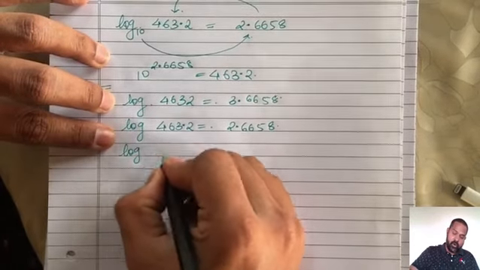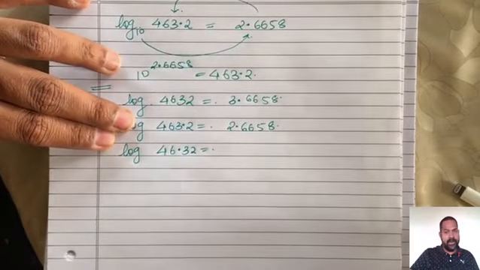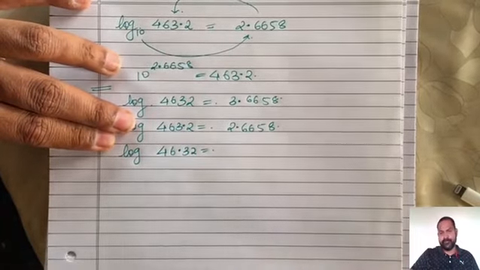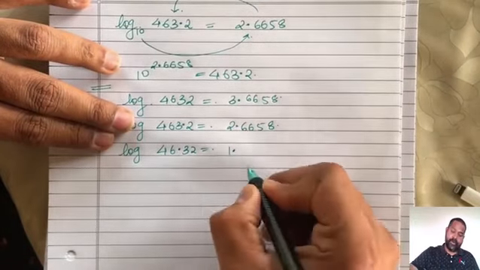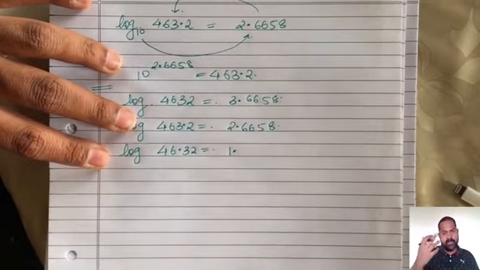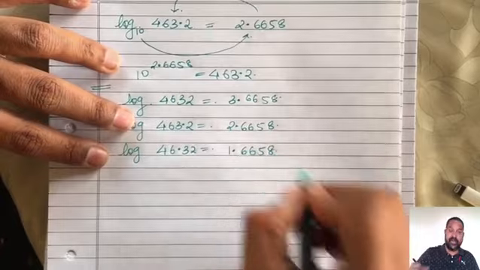What if I ask you the log of 46.32? How many places before the decimal? 2. Minus 1 is 1. Point. Can I say without the decimal the number is still the same? So the mantissa still remains as 6658.